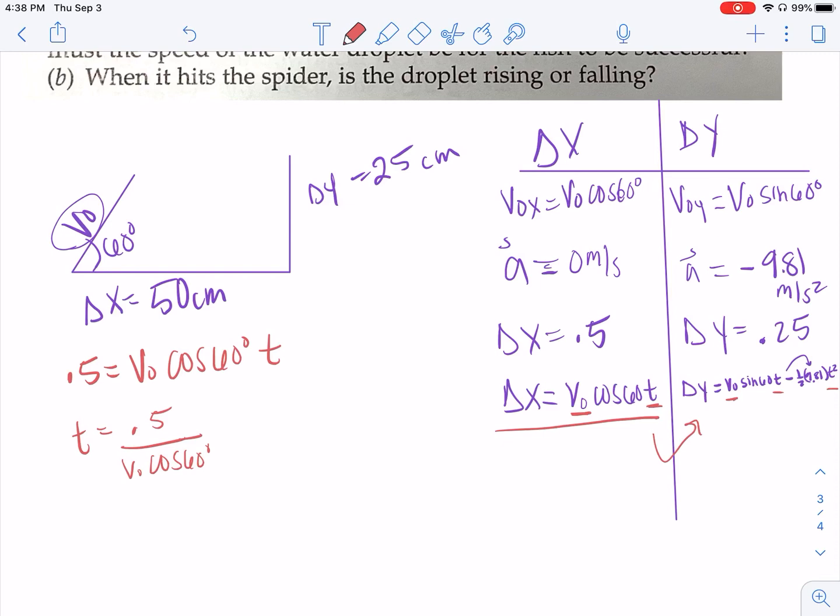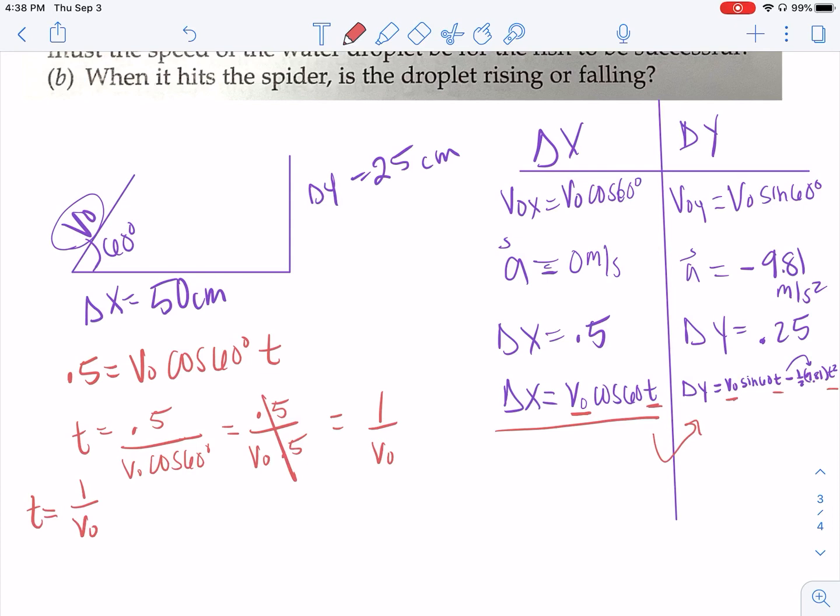At this point, it's really important for us to actually go ahead and evaluate cosine of 60. Luckily for us, cosine of 60 is just 1/2. So we end up with 0.5 over v naught 0.5. Those 0.5s cancel, leaving us with 1 over v naught. So the time it takes for this to happen is 1 over v naught.